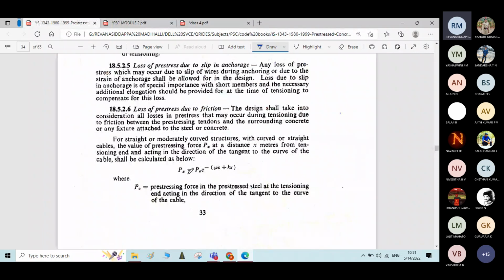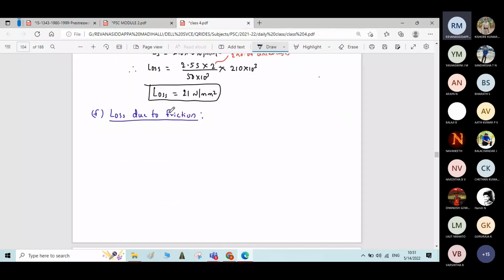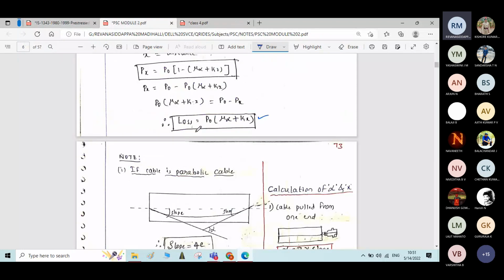Because the terminologies are the same. Therefore, here I'll take this formula: loss is equal to P naught into mu alpha plus Kx.